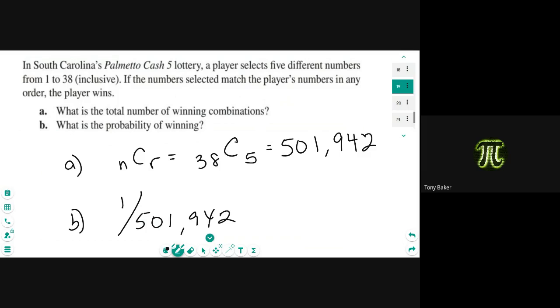The only way to guarantee you win it is to buy every possible number, right? So you'd have to buy 501,942 tickets. How much did you just spend? $501,000, right? And you just won 10 million. Okay.